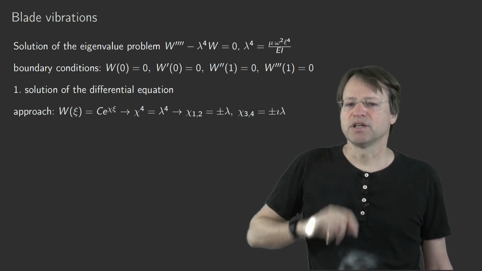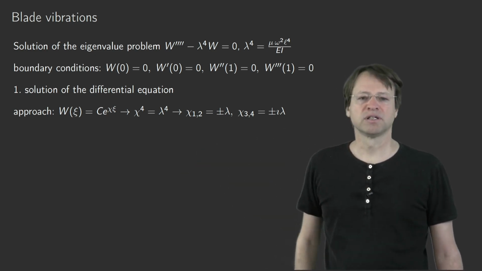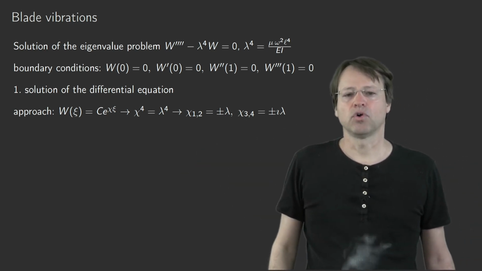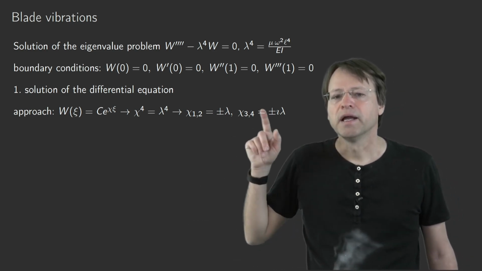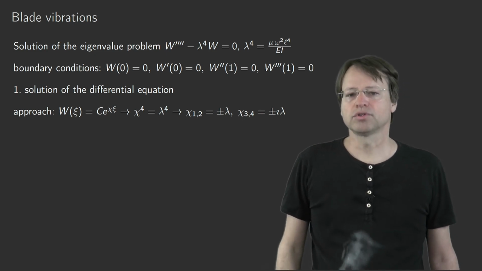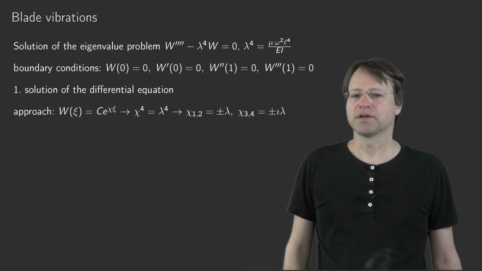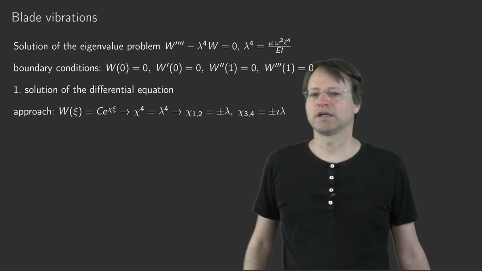From the purely imaginary eigenvalues, we know that they create cosine and sine functions via the Euler formula. And the purely real solutions generate hyperbolic sine and hyperbolic cosine functions.